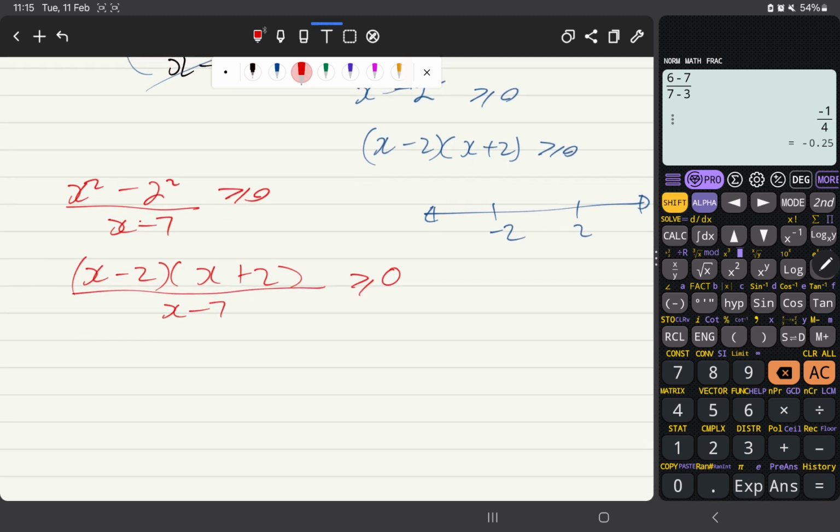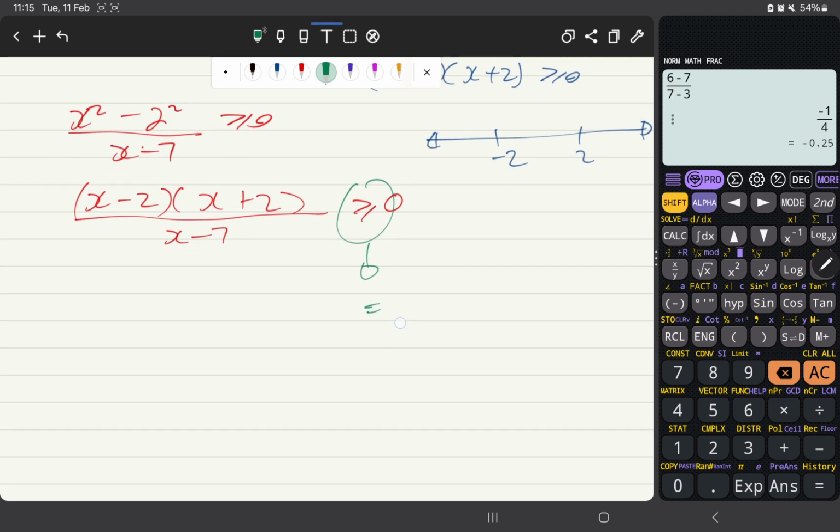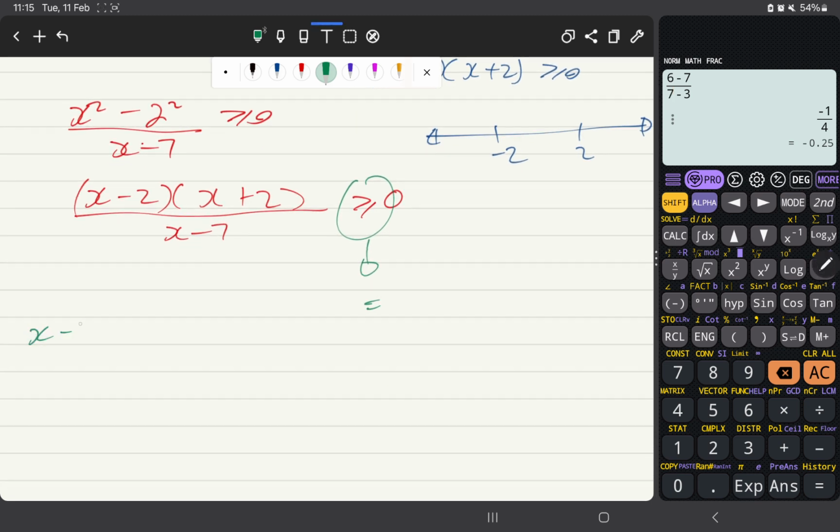So if you take this as an equal sign and say you're solving for x, you're going to have 3 brackets. x minus 2 equals 0, x plus 2 equals 0, x minus 7 equals 0, right?